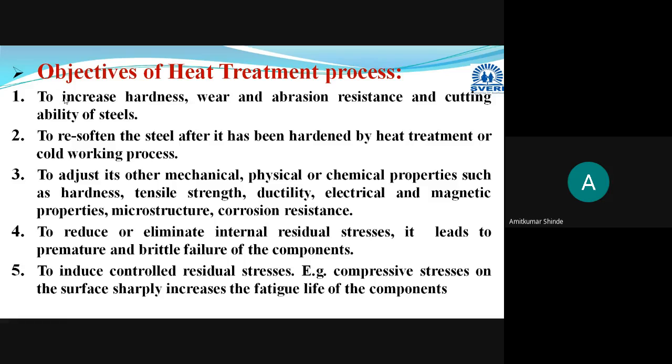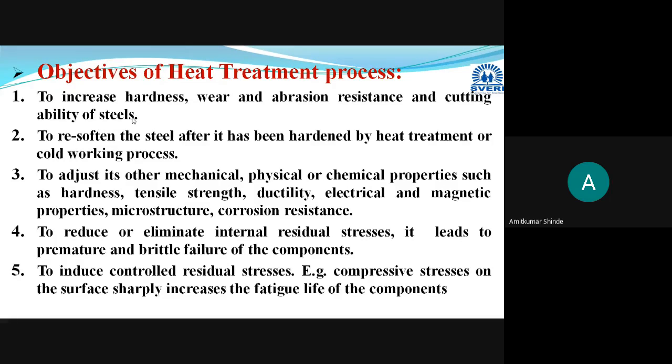In the hardening method, we are going to increase the hardness of that material or steel, then wear resistance, abrasion resistance, and cutting ability of the steel. That is the first objective: to increase hardness, wear resistance, abrasion resistance, and cutting ability of the steels.